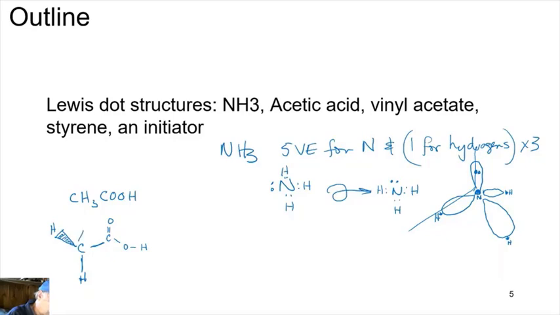And that one's got to go away from me. Okay, so you see that the carbon is tetrahedral.